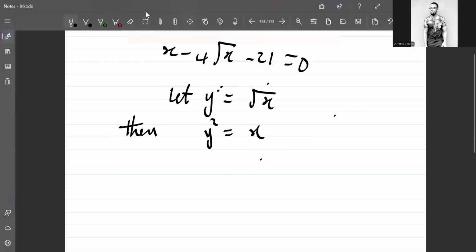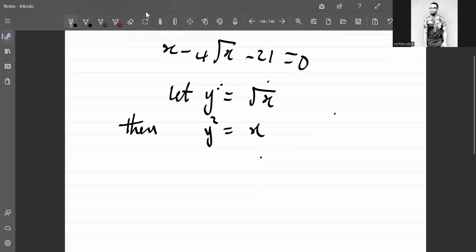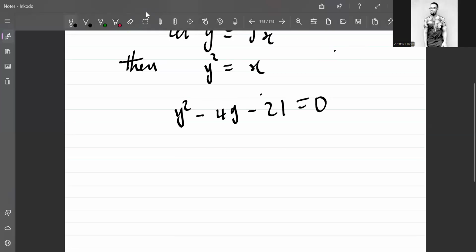So applying this in our work now, our equation is going to be y squared minus 4y minus 21 equals 0. So when you have it that way, it's in the form of a quadratic equation that you are so familiar with. So here now, you can factorize it.